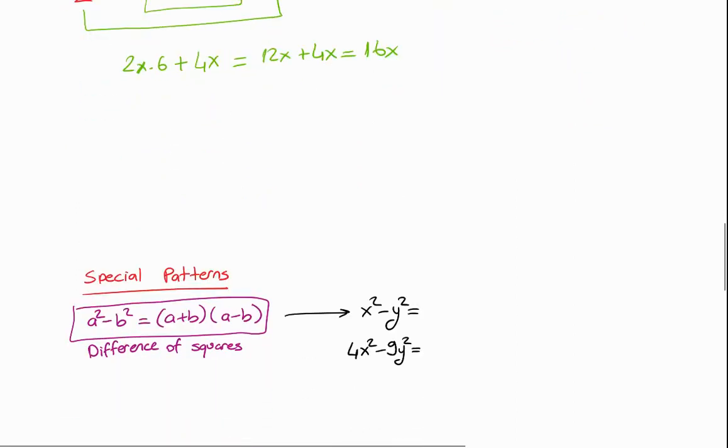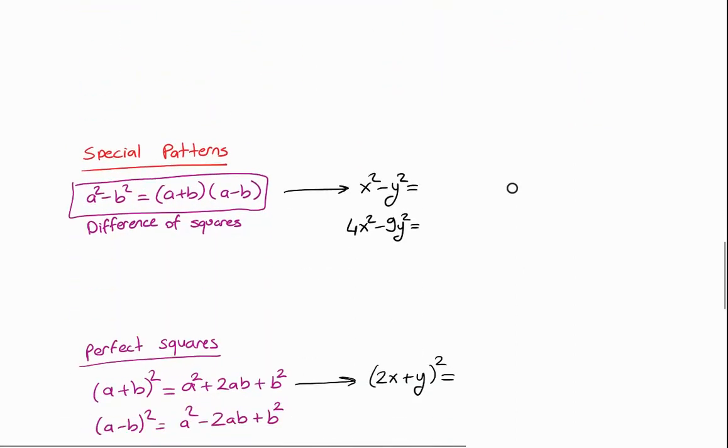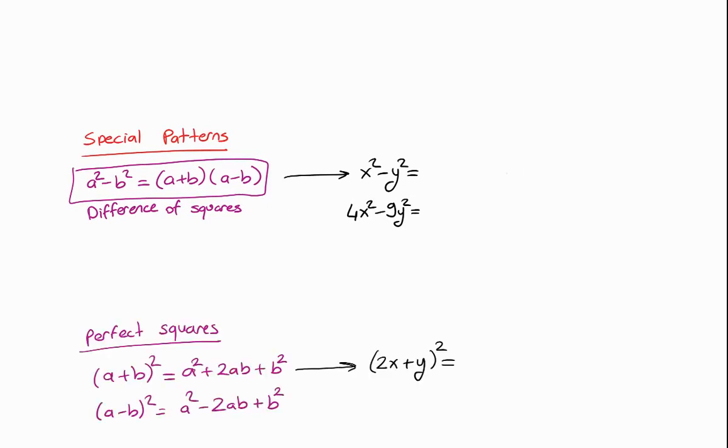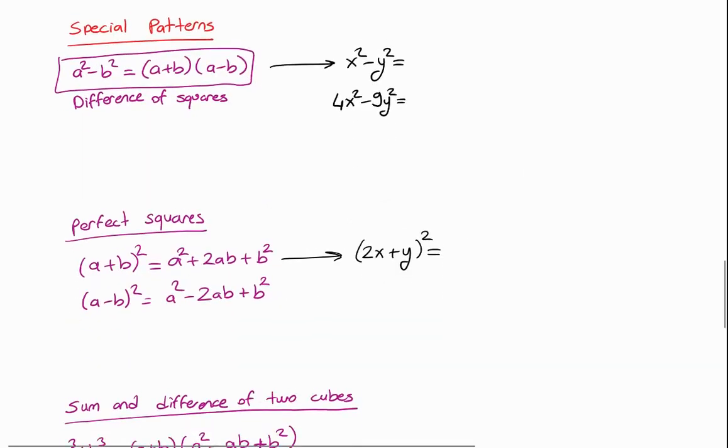Okay, so we have some special patterns for factoring. If we have variables a and b, a squared minus b squared equals a plus b multiplied by a minus b.